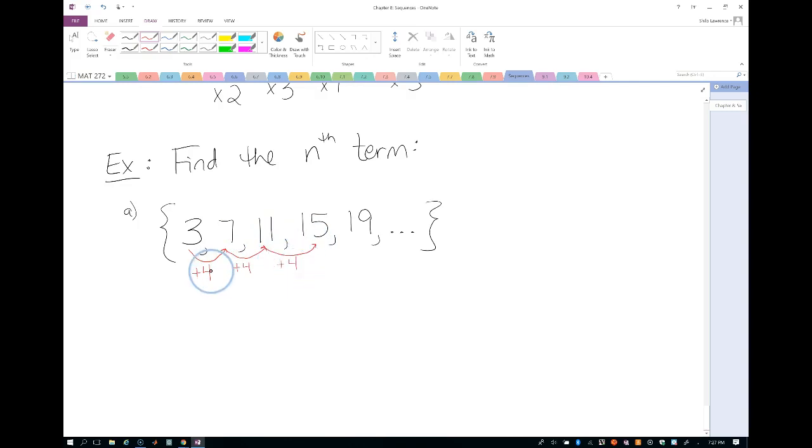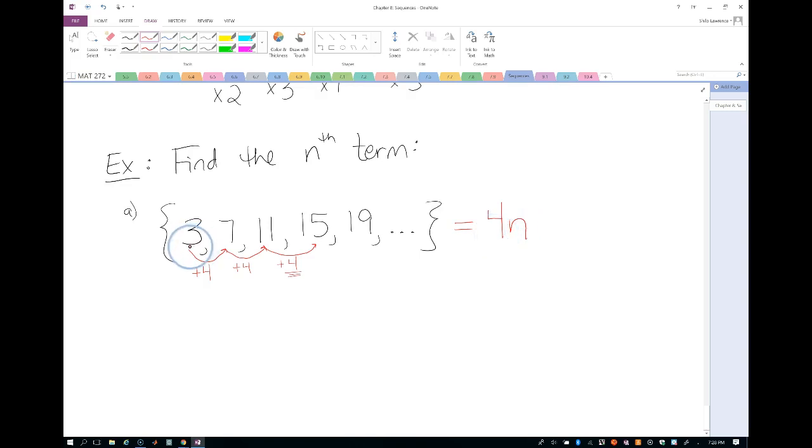So remember, every time we had this common difference between the terms, that value they had in common was going to be a coefficient. But if you check back, it can't be 4n, because 4n would make me have terms of 4, 8, 12, 16, 20.